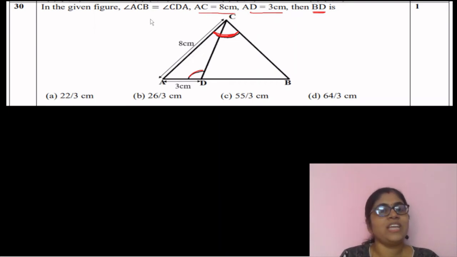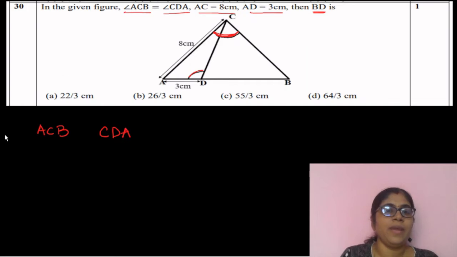So which angles are given? Angle ACB equals angle CDA. So let's take the larger triangle ACB and triangle CDA.